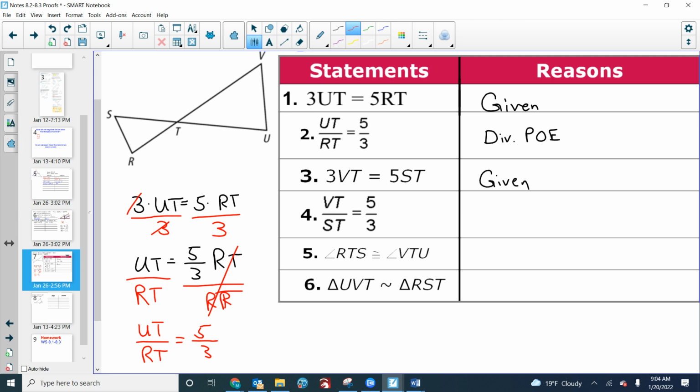So what do you guys think step 4, the reason is? To go from step 3 to step 4. Given. Step 3 was given. How'd they get to step 4, do you guys think? Division property of equality, good.